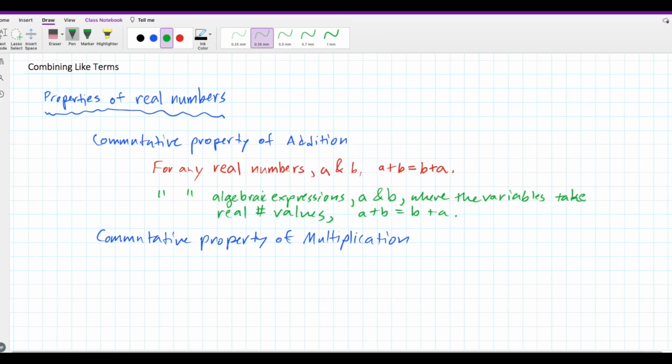If I have 5, that's an algebraic expression. So is 5x or 5xy or 5xyz squared w. Okay, that's an algebraic expression. I can add stuff. Okay, those are all algebraic expressions. So I'm just going to write the algebraic expression version.